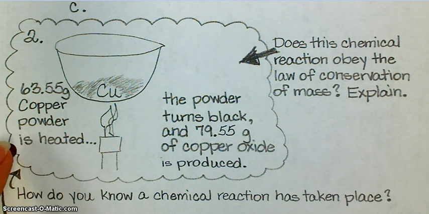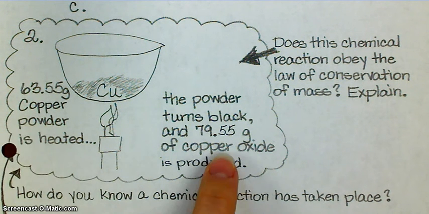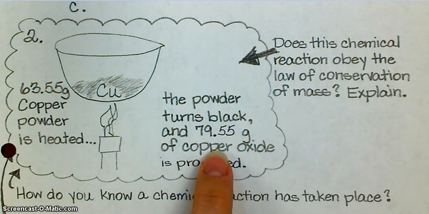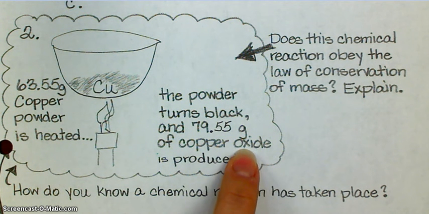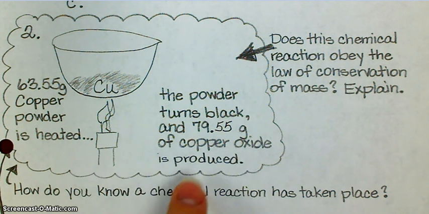But there are actually some things that you need to think of that weren't specifically mentioned in this situation, and they're important. So you begin with copper powder, and you end with copper oxide. So obviously copper has reacted with something. Oxide refers to oxygen. So copper has reacted with oxygen. But nowhere in here is oxygen mentioned.